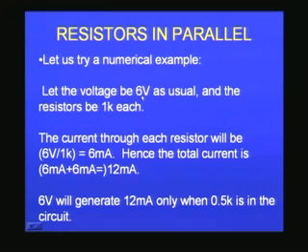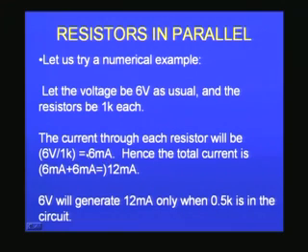So, let us again take a numerical example as before. Let us assume that we have the same 6 volts power supply, and for simplicity again we assume the two resistors which are connected in parallel are 1000 ohms or 1K each. The current through the resistor will be, because you can now see each resistor is connected to the 6 volt supply independently in parallel, 6 volts by 1000 ohms or 1K for one resistor, and that is equal to 6 milliamperes as we have seen before.